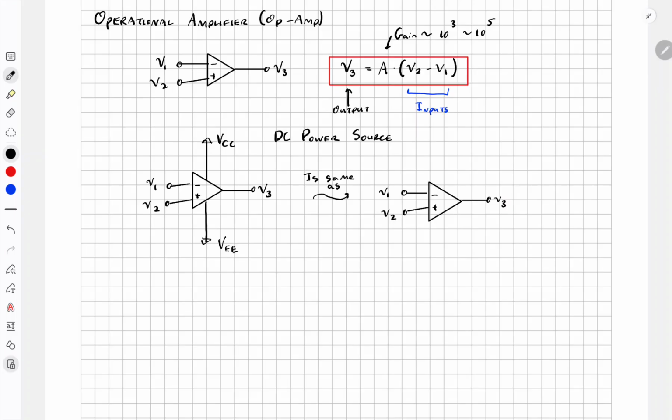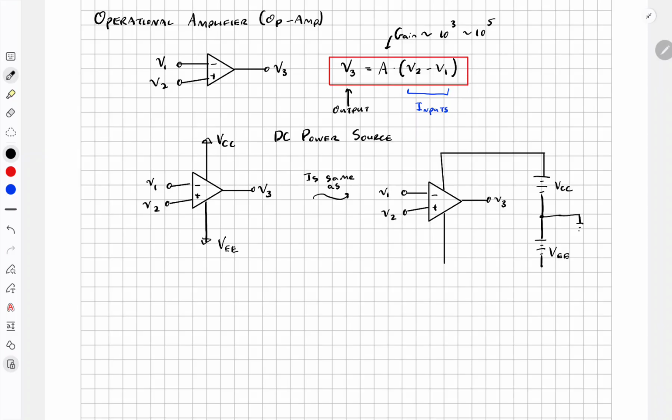What this arrow of the DC power source indicates looks something like this. We can draw a DC source and call that VCC, then draw another DC source and call that VEE, and then the junction in the middle we'll tap to the ground.